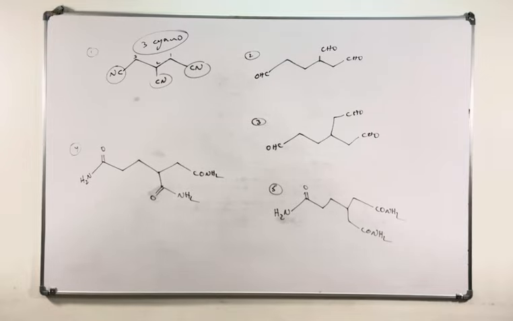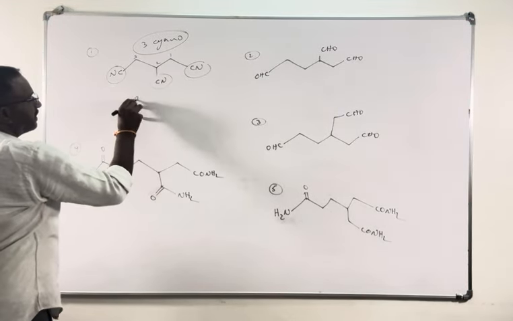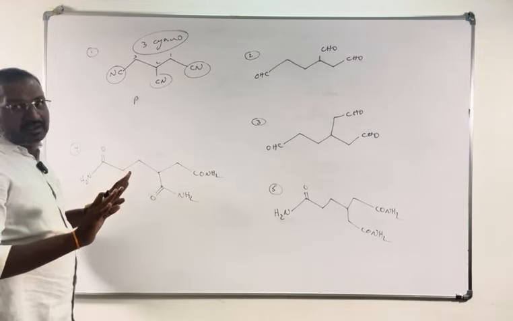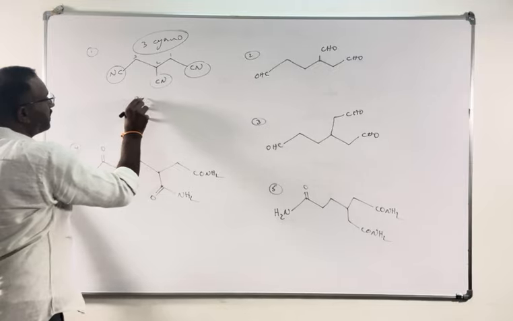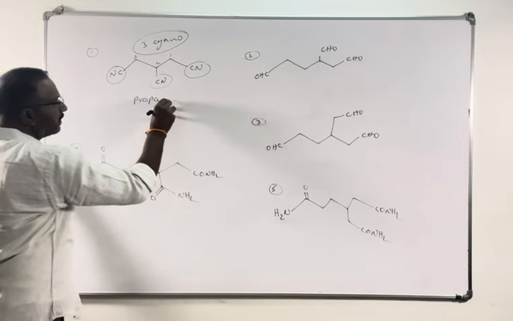propane-1,2,3. Because 3 carbons are there, with no secondary prefix and no primary prefix, only the root word prop will be there, and only single bonds are there, so ane.